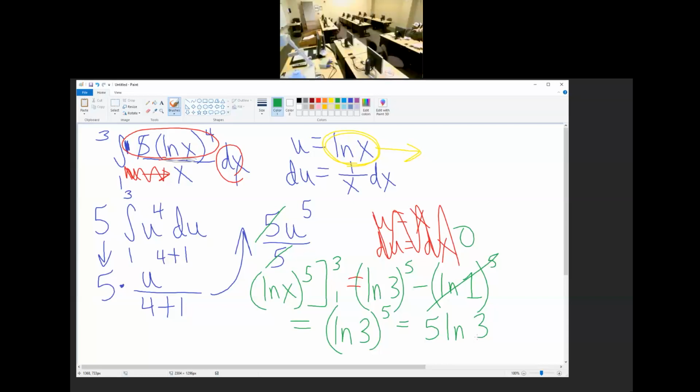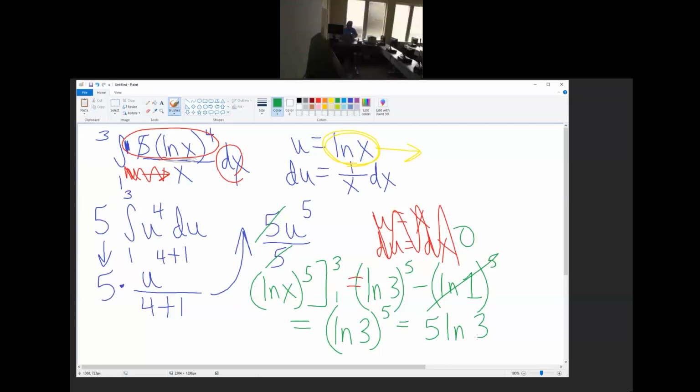We're going to look at another integral where you have to do u substitution, and it also involves a trig function. We'll take another look at one of those in just a minute.